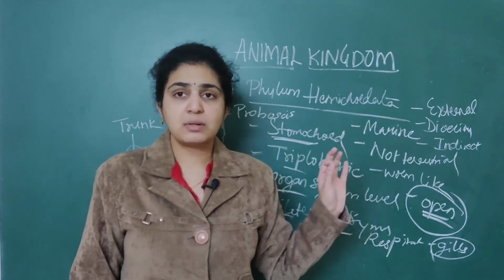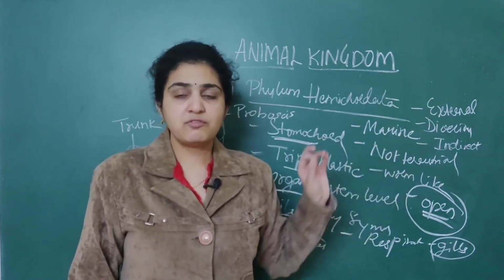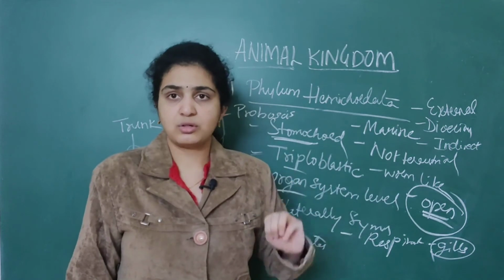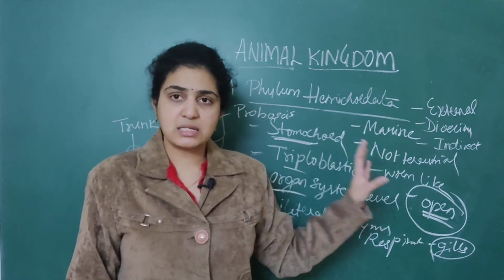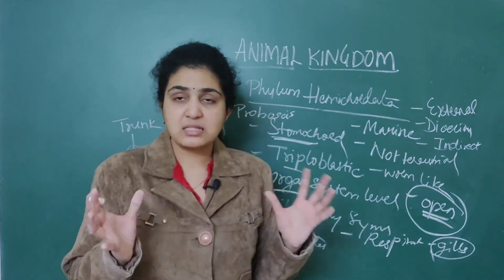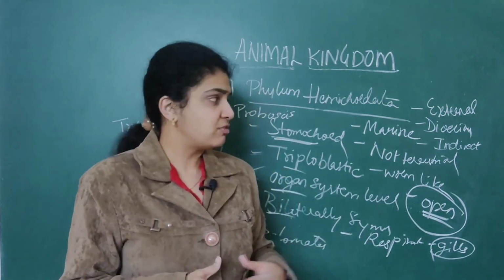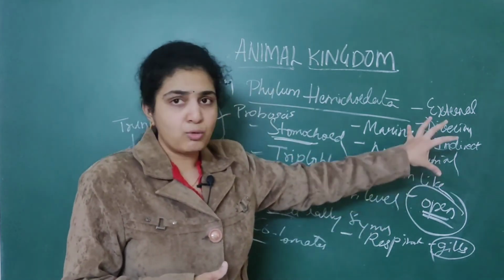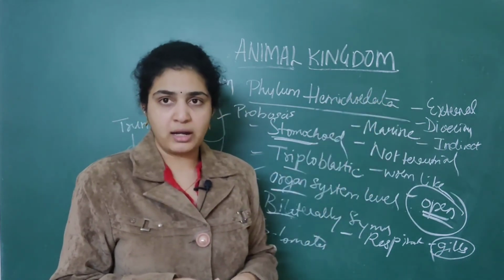But those which exhibit external fertilization are till now only three. That is Cnidarians, and Echinodermata, like starfishes and all we have described, right? Then the third one which exhibits external fertilization is Hemichordata.